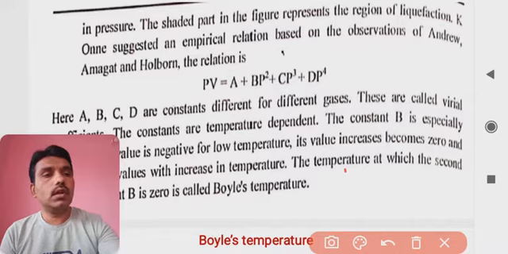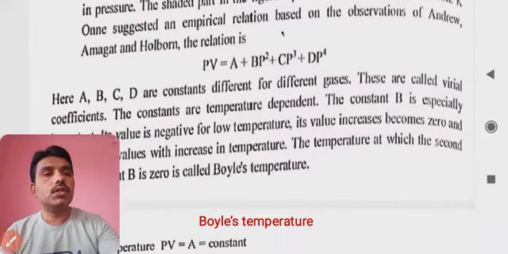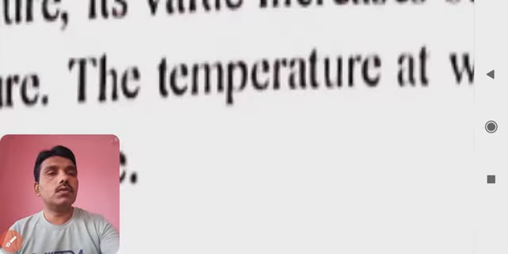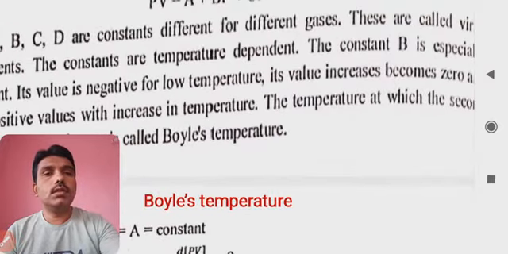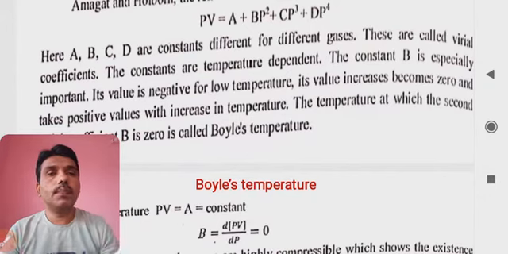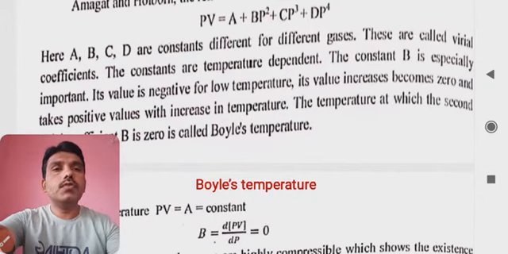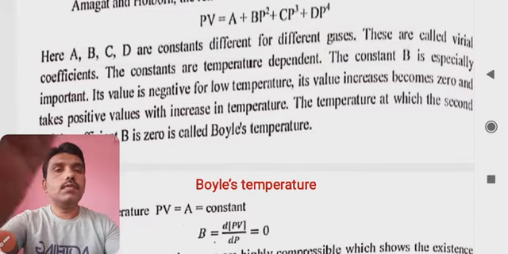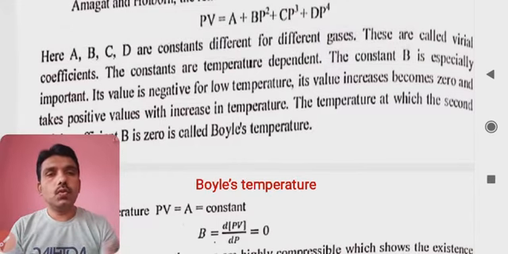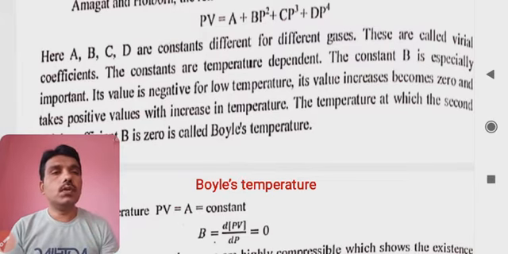These constants are totally dependent on the temperature, and these values of A, B, C, D have a negative value at a certain stage, and then afterwards it becomes zero, and then it comes to positive.